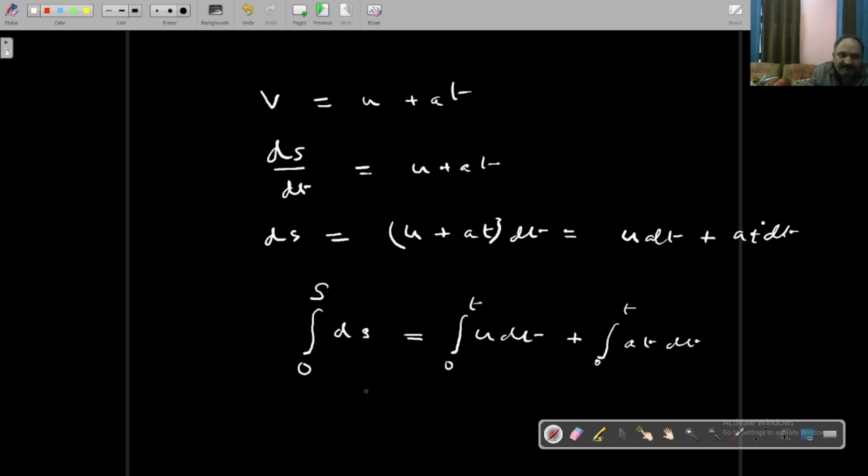So what we get here is s is equal to ut plus half at square. So here we get the second equation of motion under straight line. Okay. Now we will derive the third equation.